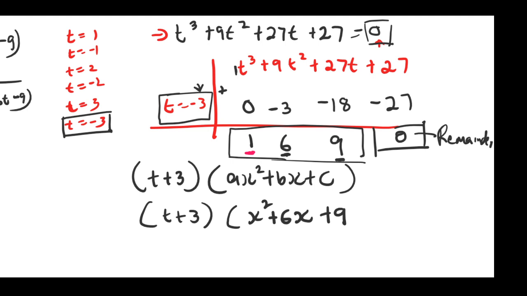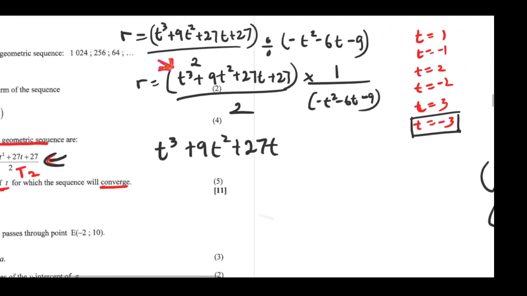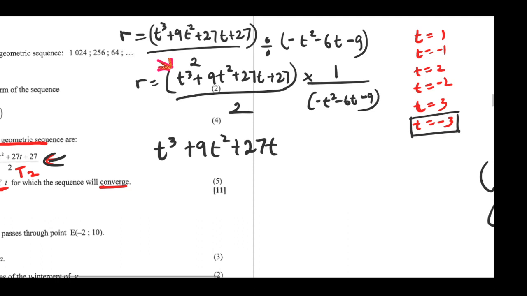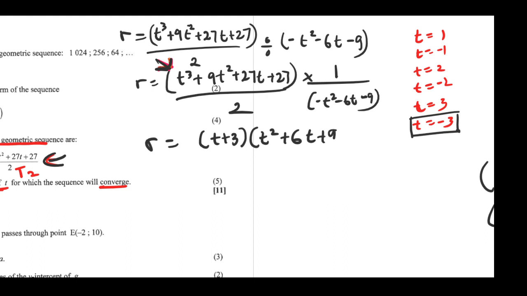For now, let's go and put it into our equation of r and see if it's going to give us something, right? Remember we were here, and I said we want to simplify this r here. So with the simplification done, this here is going to be t plus 3, and then t squared plus 6t plus 9, right?